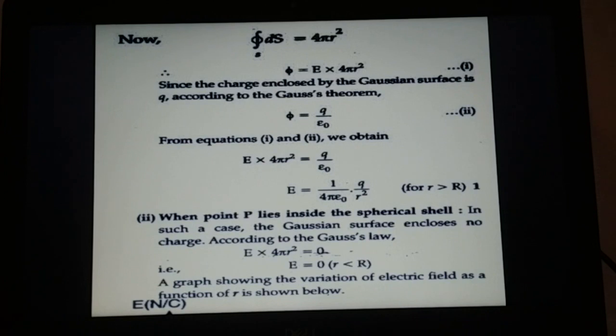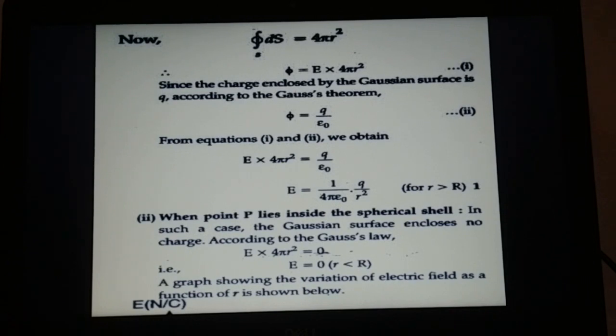Are you getting me? Phi is equal to q by epsilon 0, where q is the charge enclosed by the Gaussian surface. In this case, when small r is less than capital R, the Gaussian surface lies inside the thin shell.